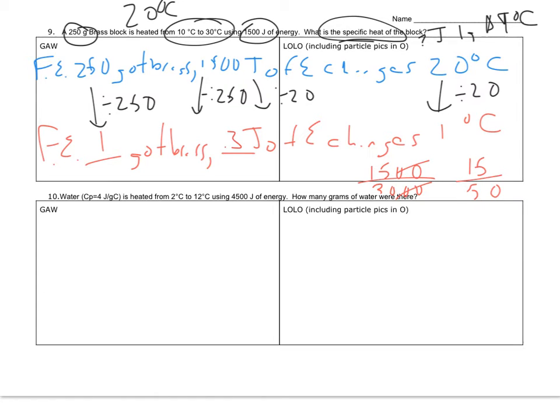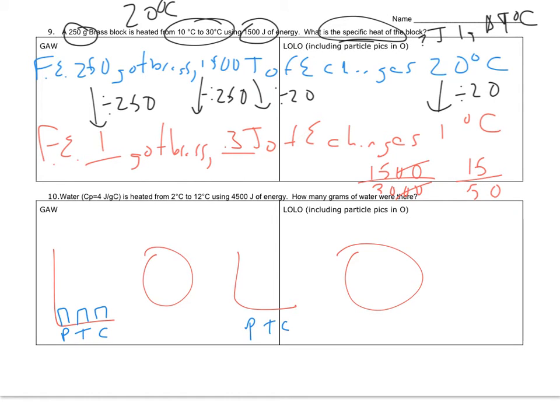Okay, and then let's try the low-lows. I'm going to do it down here because I don't have a lot of room on this. We've got phase, thermal, and chemical, PTC. We added energy.